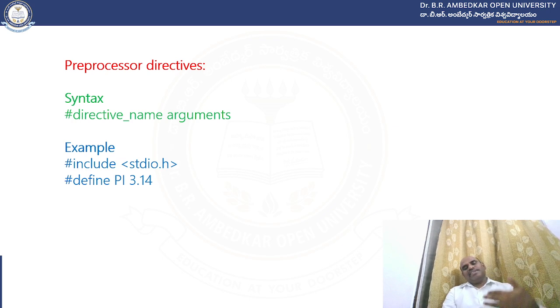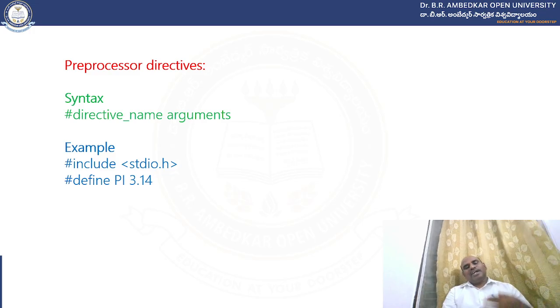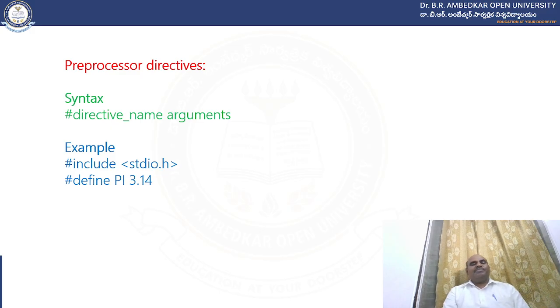This is the syntax. What is the syntax? Hash is common. First, the hash symbol is there, and there is no semicolon. It does not end with a semicolon and it starts with the hash symbol.